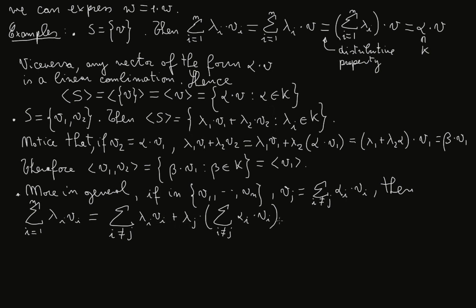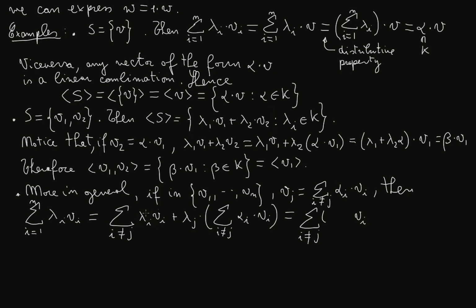Now you see, we can commute the summands in order to have just v1 multiplied by the component of v1 here and the component of v1 there. Okay, so we will finally end up with the following sum: i different from j of vi.